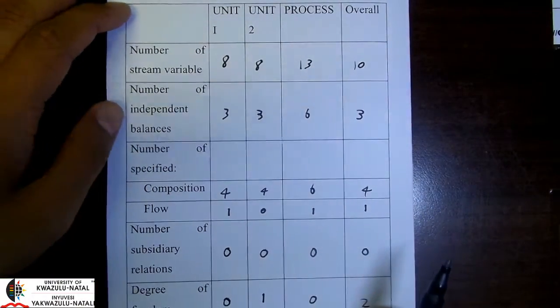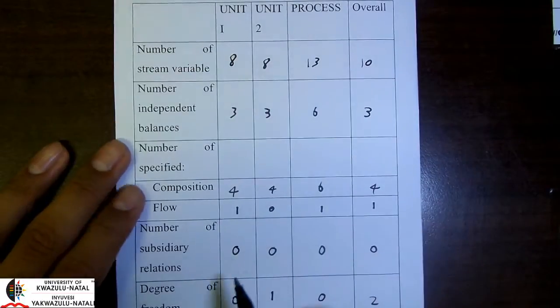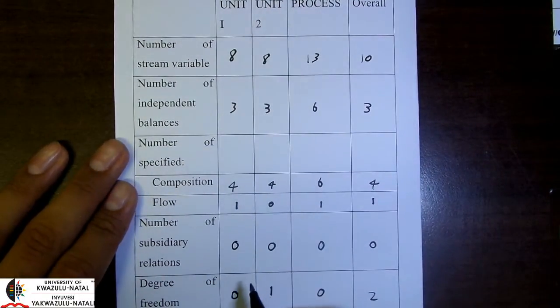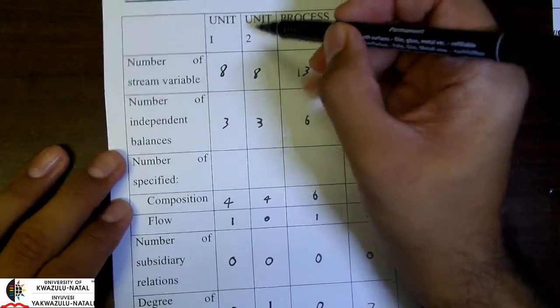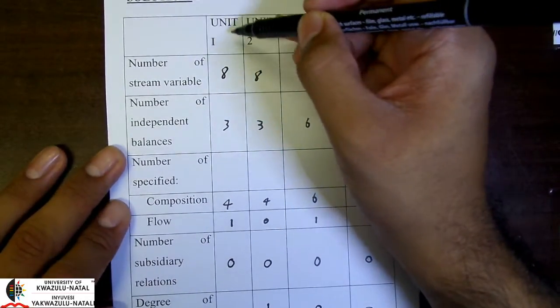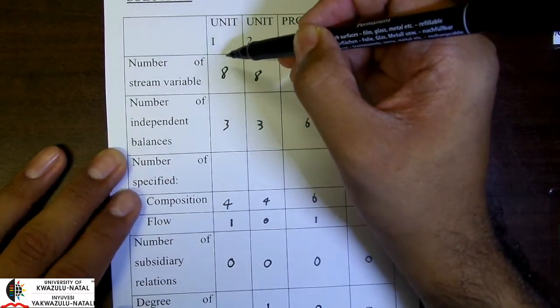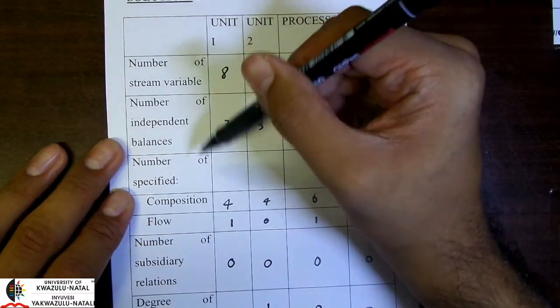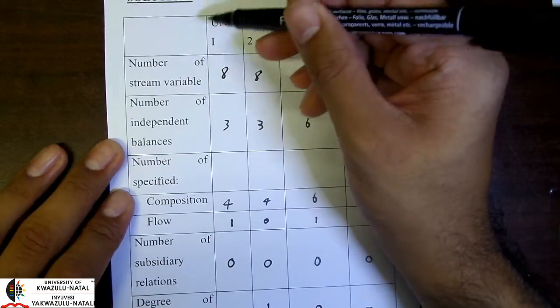However, if we look at unit 1, unit 1 has a degree of freedom of 0, and this means that if we attempt to write out all of the balances for unit 1, we will be able to solve each and every independent variable associated with unit 1.